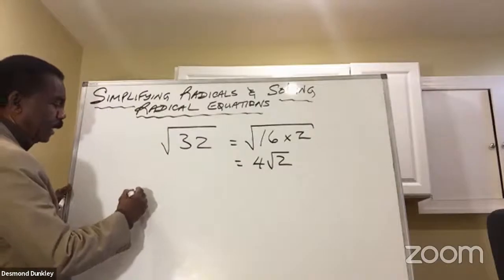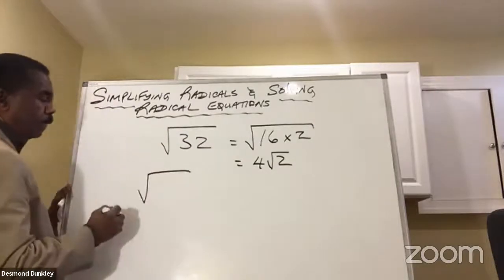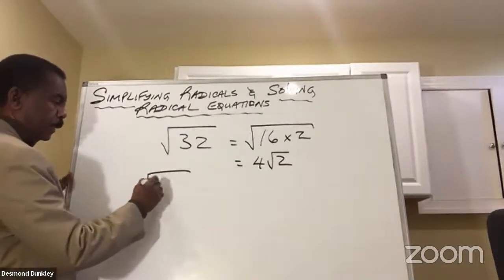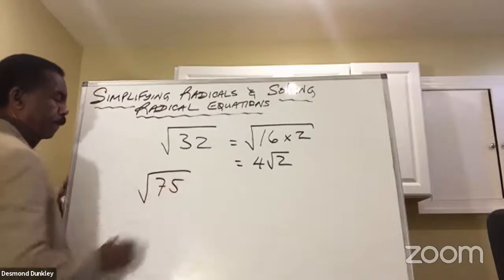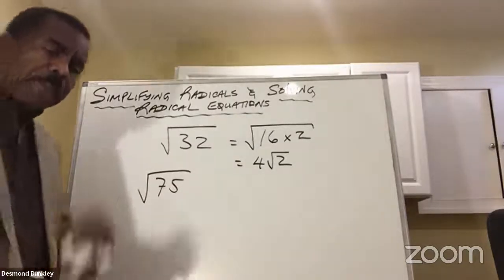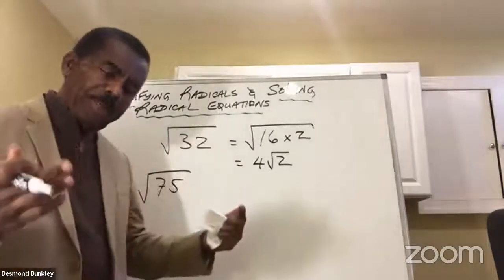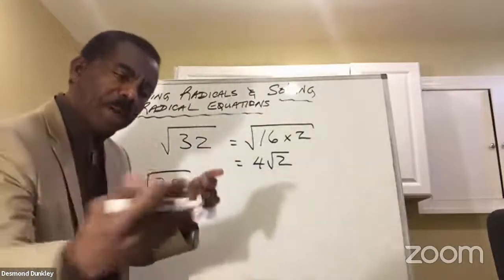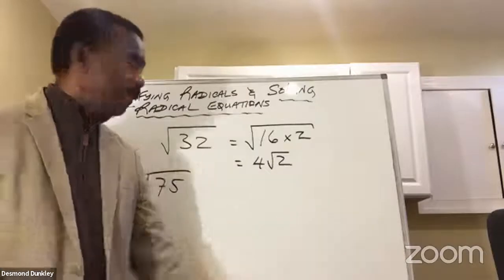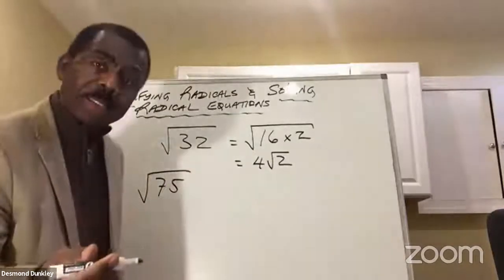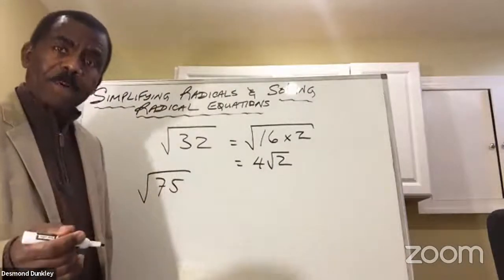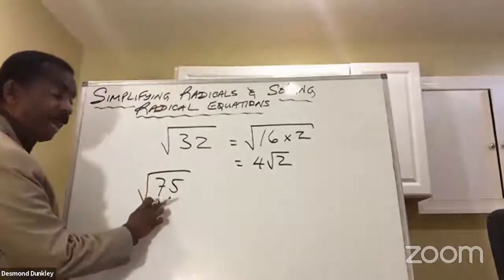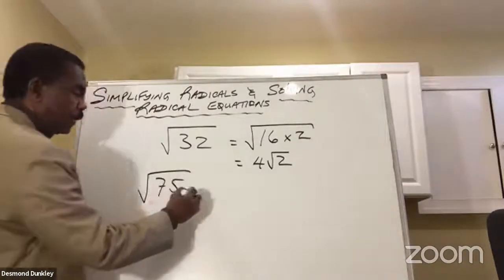If I ask you what's the square root of 75, you say, 75. Is there a perfect square that I can multiply to get 75? And the answer is yes. 25 is a perfect square, and 25 times 3 will give you 75.